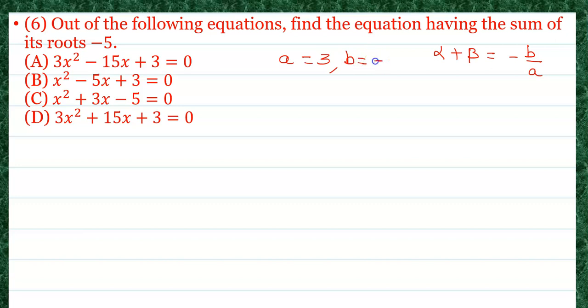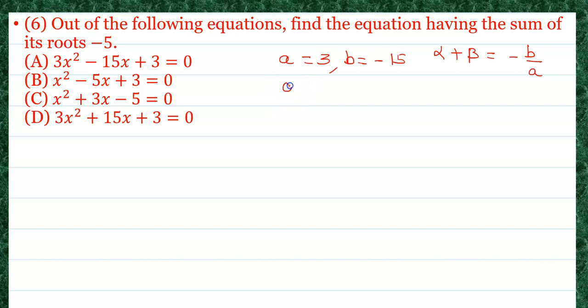Therefore b is equals to minus 15, and if you find out alpha plus beta, that is minus in bracket minus 15, upon 3, then you will get plus 5. Therefore this is not true. What about the second? Second is also not true, because that is minus in bracket minus 5 upon 1, and that minus minus will become again plus.